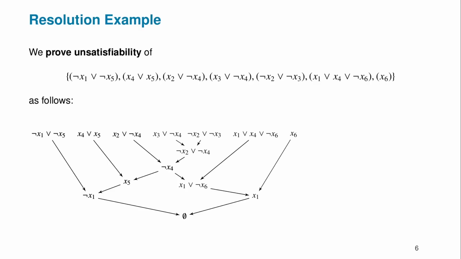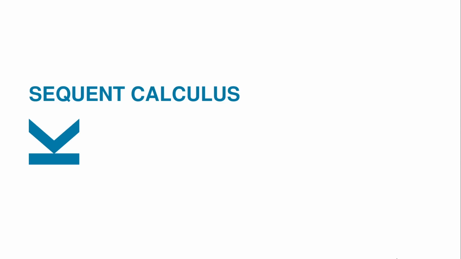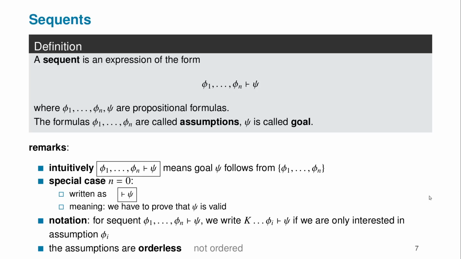Okay, with this I conclude the discussion on resolution, and now let's have a look at the sequent calculus. So first of all, let us introduce the notion of a sequent. A sequent is an expression of the form phi 1 to phi n, where these are propositional formulas. Then we have this sequent symbol, and on the right hand side, we have one single formula.